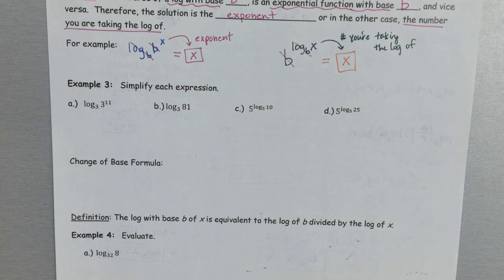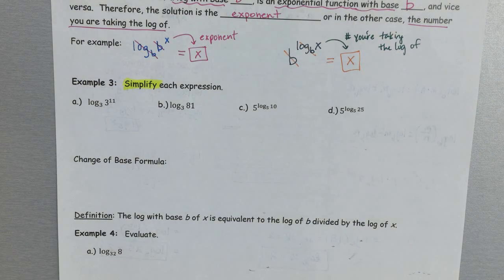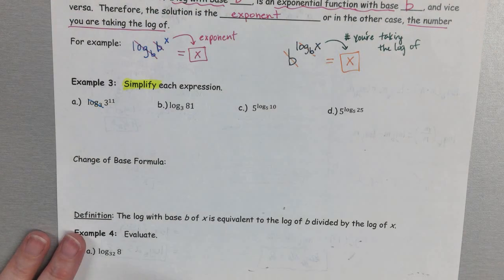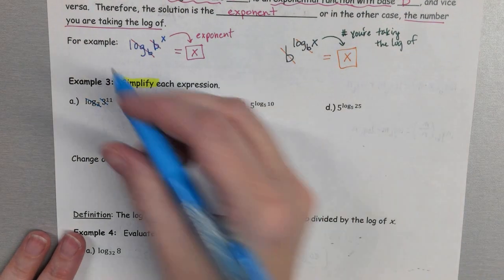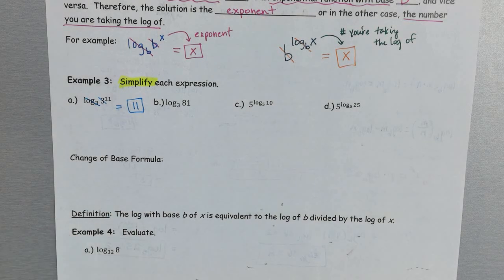So in example 3, when you're asked to simplify, you're just going to be doing a lot of canceling here. If you have log base b, in this case b is 3, log base 3 of 3, all you're going to be left with is 1. Oh, and then we have to change d, so don't do that one.